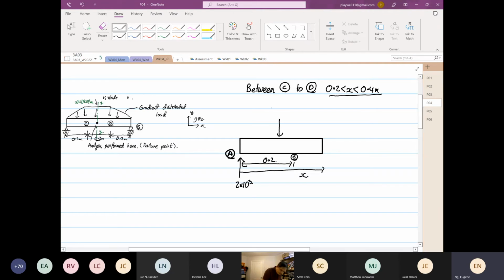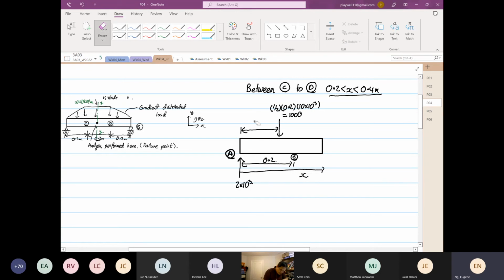So this load will be half times base times height. So that equivalent load will be 0.5 times 0.2 times 10 power 3, which is equal to 1,000. Okay. And then we know the distance from here to here. We are aware that this distance will be equal to 2/3 multiplied by 0.2.